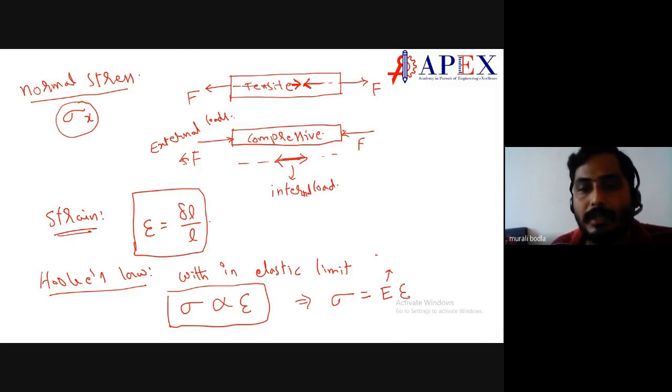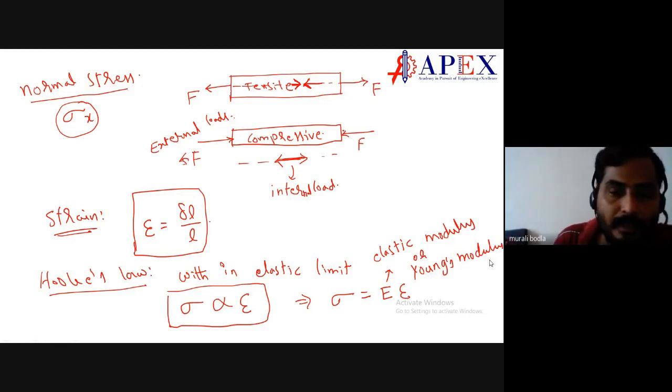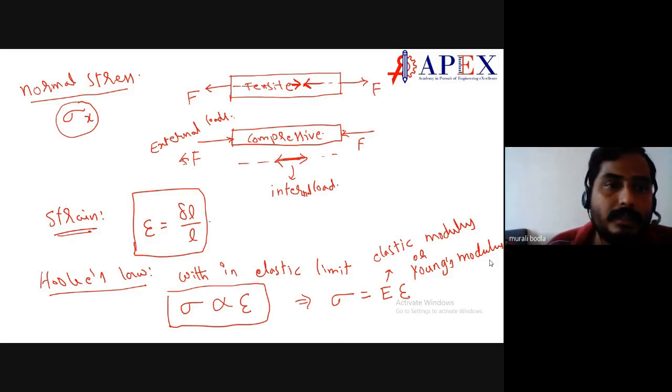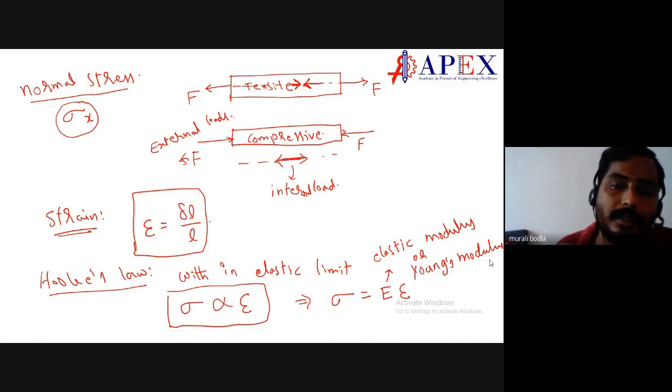This we call the elastic modulus or Young's modulus. So this is how Hooke's law is defined. Within the elastic limit, the stress is directly proportional to the strain, and that proportionality you can remove by introducing the elastic modulus or Young's modulus, because we are talking about the elastic limit.